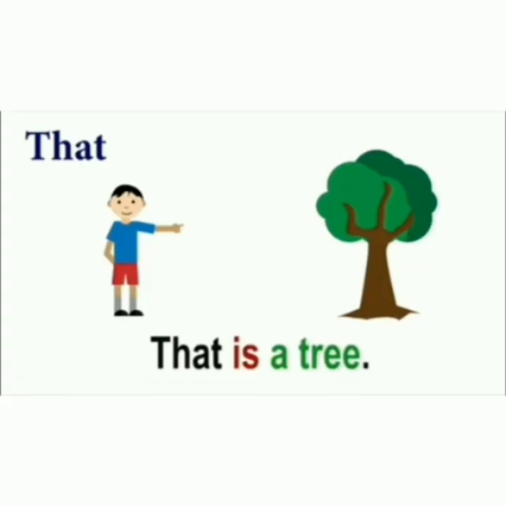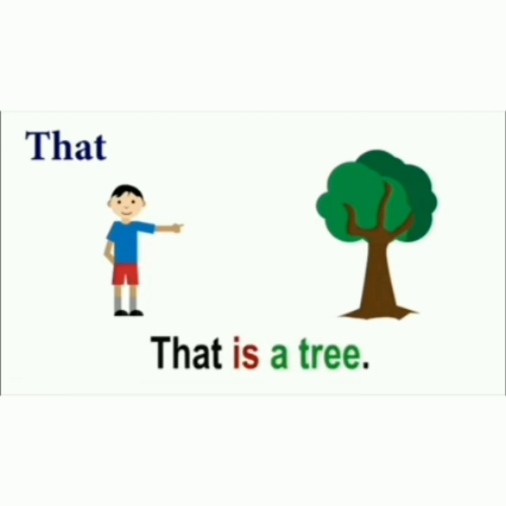Kids, now let's take one more example. That is a tree. Kids, only one tree is there and it is far from me. मुझसे दूर है. So I will say that is a tree.